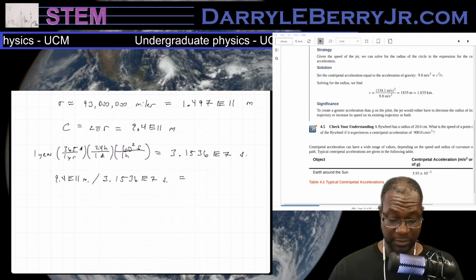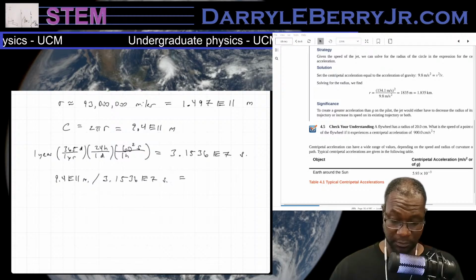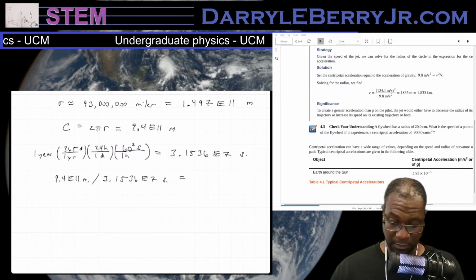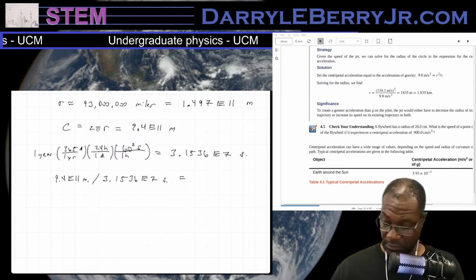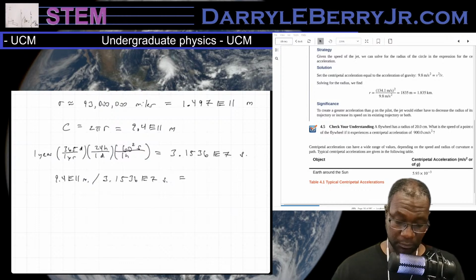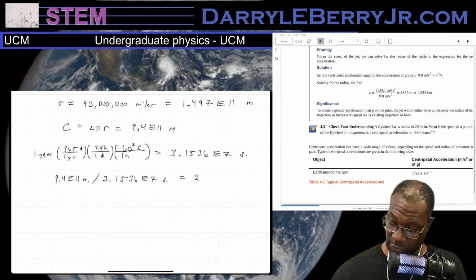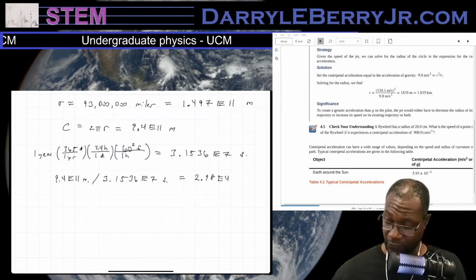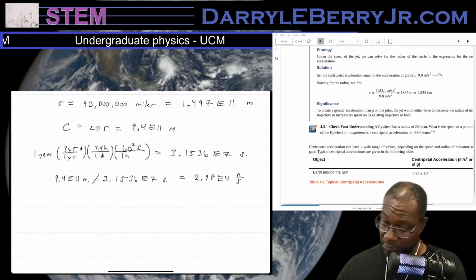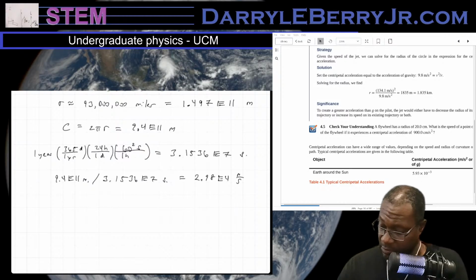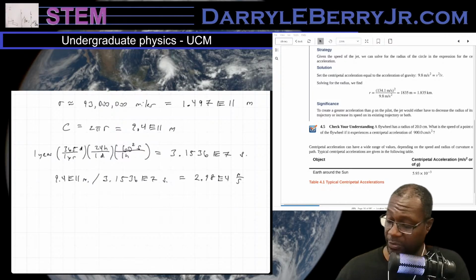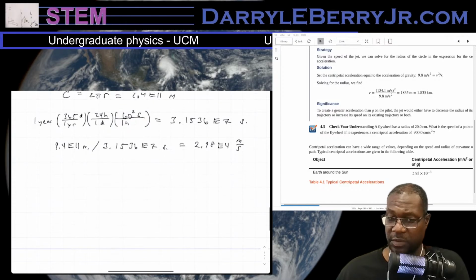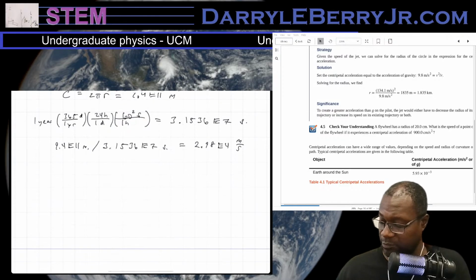So that equals 2.98 times 10 to the 4 meters per second. All right, so going about 30,000 miles per hour around the sun, which seems similar to what I remember before.